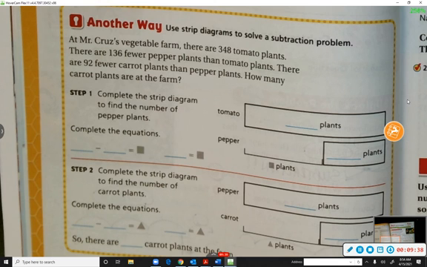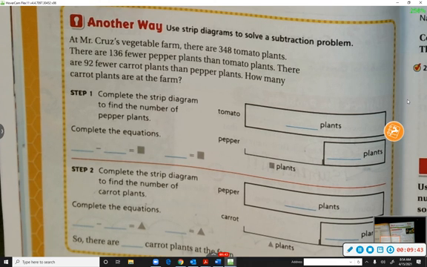At Chris's vegetable farm, there were 348 tomato plants. There are 136 fewer pepper plants than tomato plants.